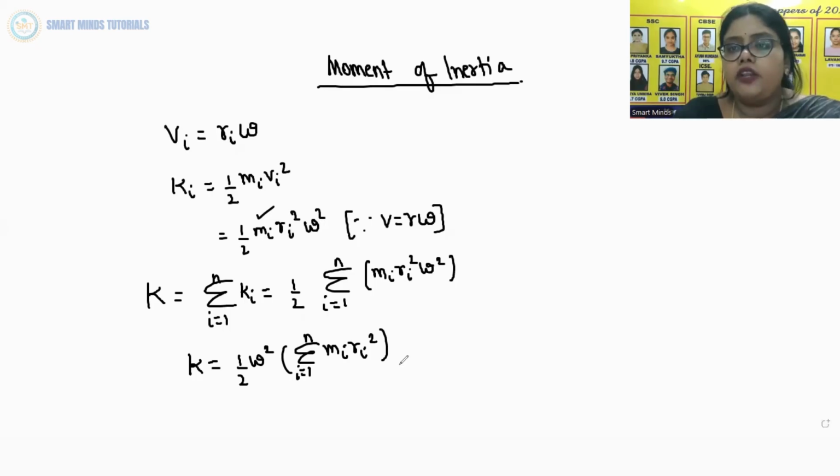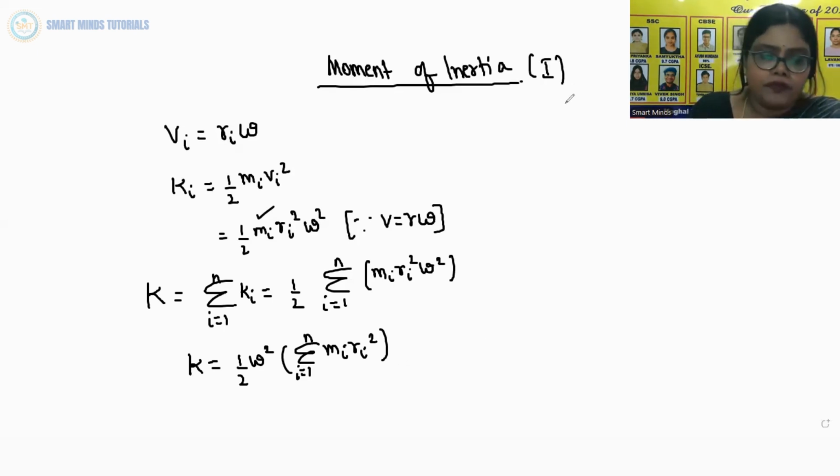Now we define a new parameter characterizing the rigid body, which is called moment of inertia, denoted by I. So how do we give moment of inertia? What is the formula? I is equal to sigma i equal to 1 to n mi Ri square.